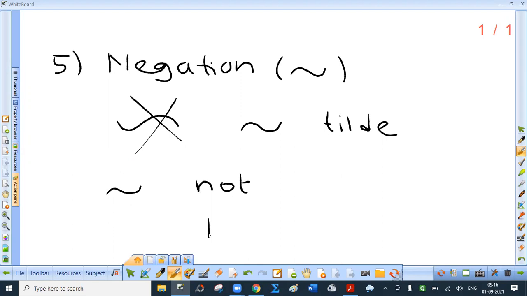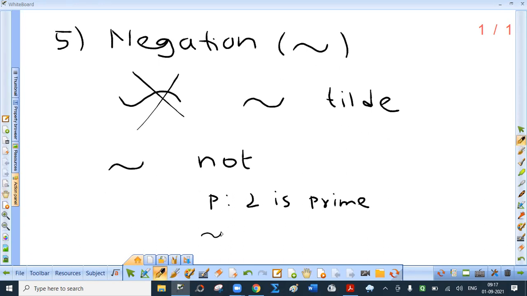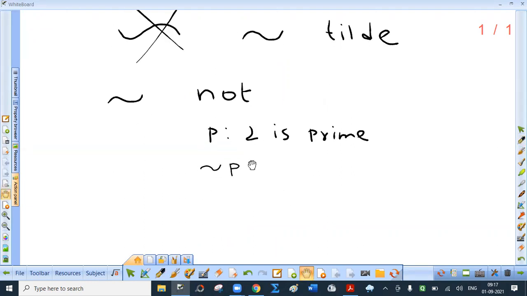For example, if P is the statement 2 is prime, its negation is denoted by not P. So what is not P? 2 is not prime, or it is not true that 2 is prime. It is false that 2 is prime. What will be the negation of negation? Obviously, the negation of negation is nothing but the original statement.